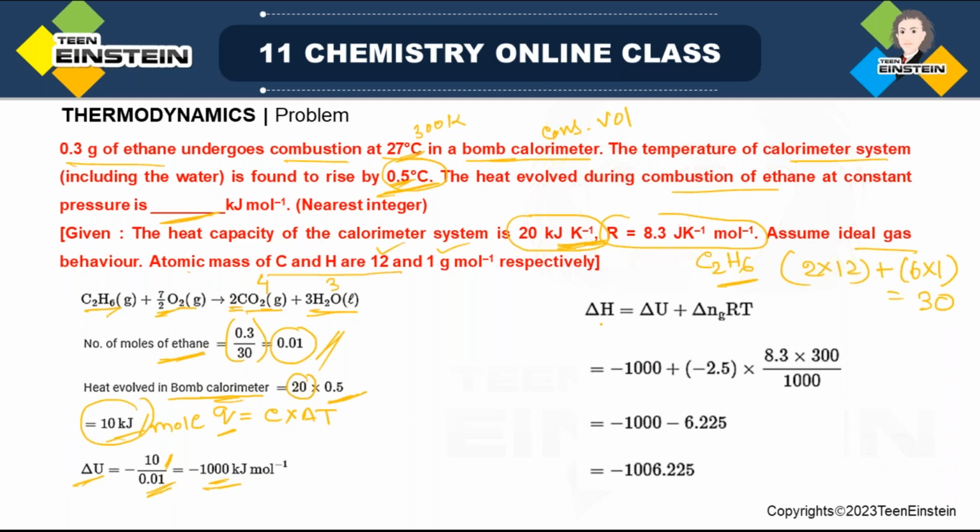And we will finally use the relationship between del H and del U, because finally it is asking the heat evolved during combustion of ethane at constant pressure. So del U is not the enthalpy; this is what we consider at constant volume.